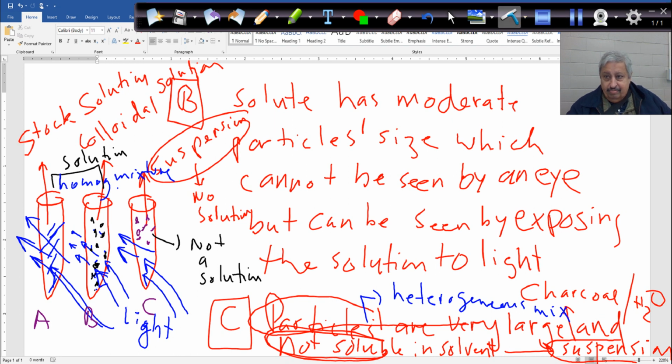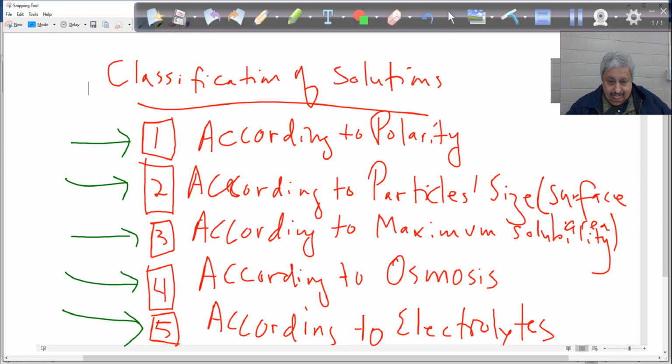Okay, we'll go for number 3. Number 3 is according to maximum solubility.